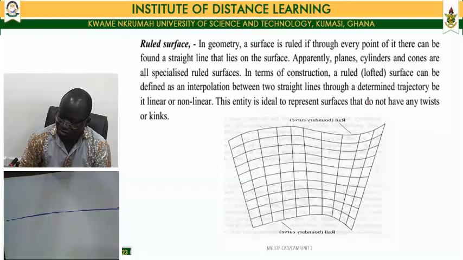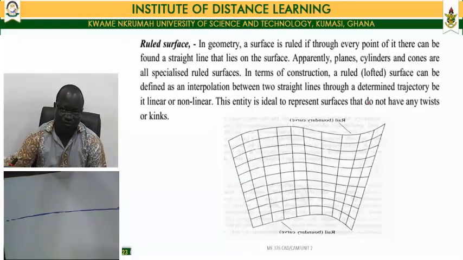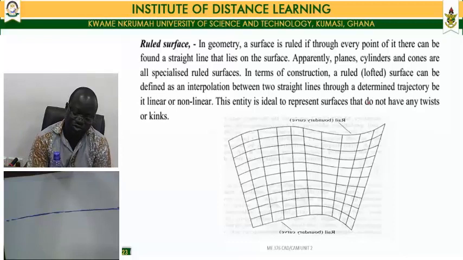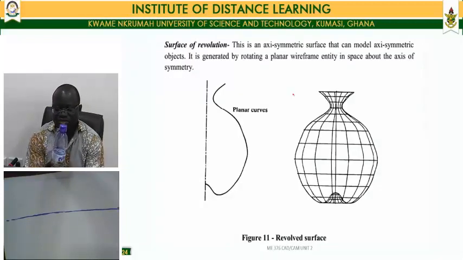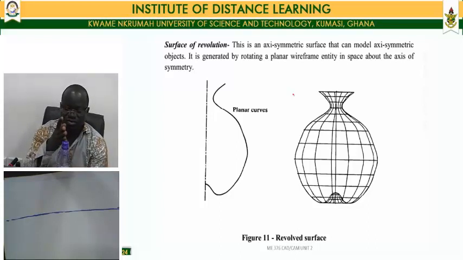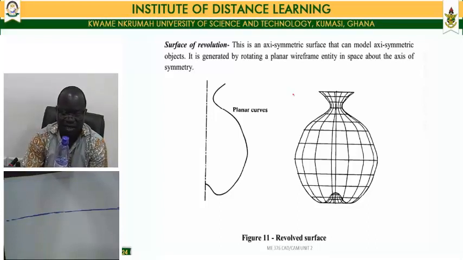Then we have a typical surface which we call surface of revolution. And I'm showing you this bottle on the screen. This is a typical surface of revolution. If I take this bottle, I can generate the surface of this bottle by simply taking a cross section, which will be defined by a planar curve.